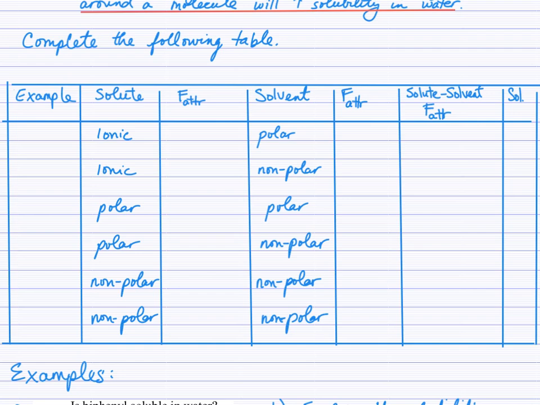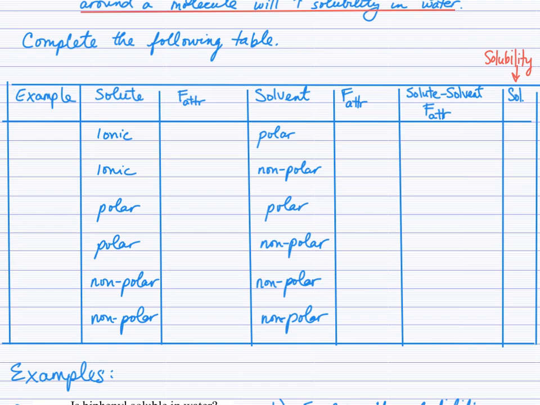And then the same for the solvent, and then decide what interaction will be experienced between the solute and the solvent. And ultimately, does that lead to the solubility of the solute in the solvent? I didn't quite have room in the table, but this is meant to be the solubility.